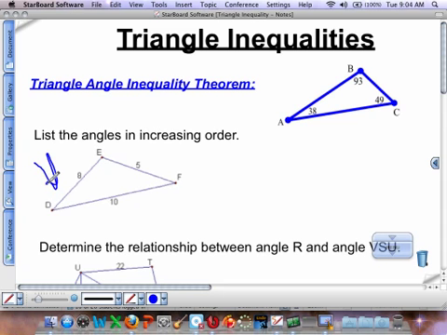So the triangle angle inequality theorem says that the largest angle is opposite of the longest side. Let's write that down.